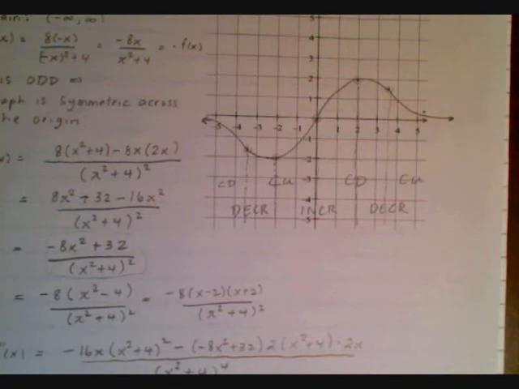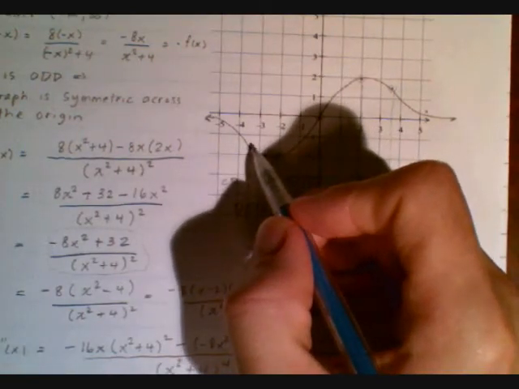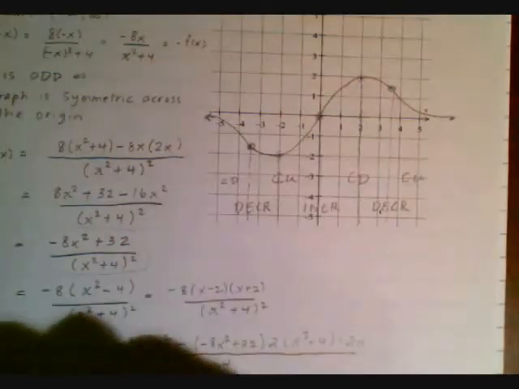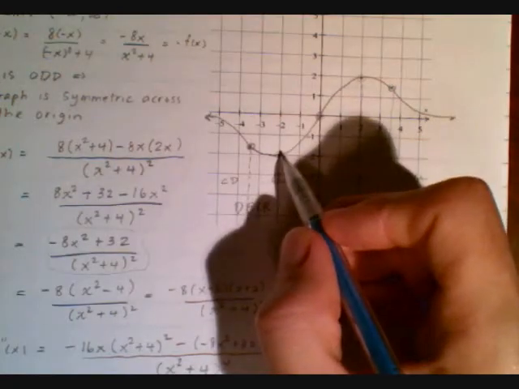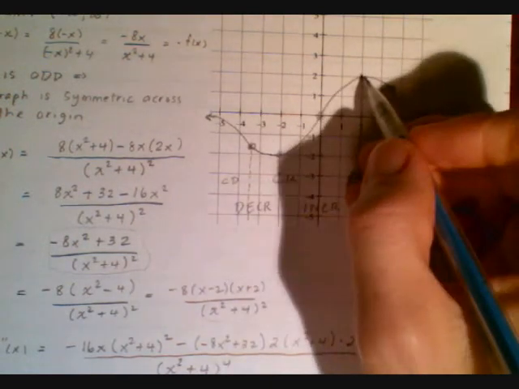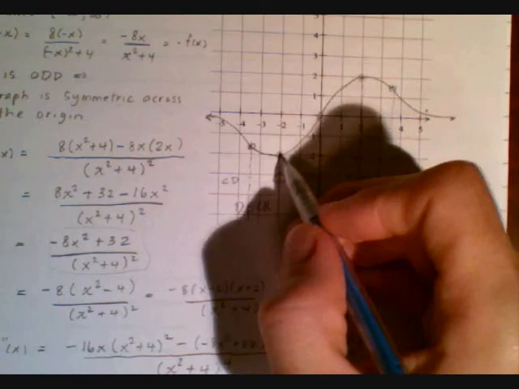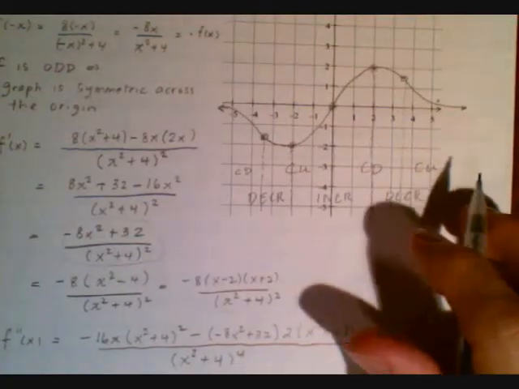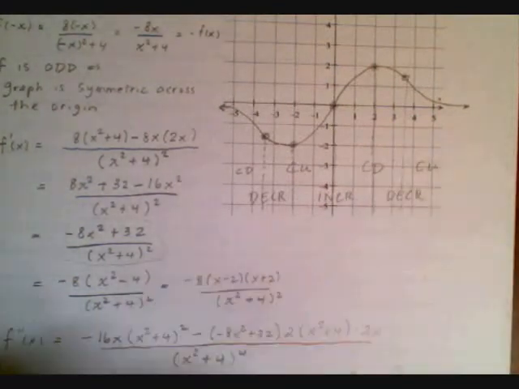Here are my inflection points. This point here, this point here, this point here. So the concavity changes. My local min, my local max. Notice that this is actually an absolute min, and this is an absolute max. We can actually go one step further and say not only are these local extrema, but they're absolute extrema.